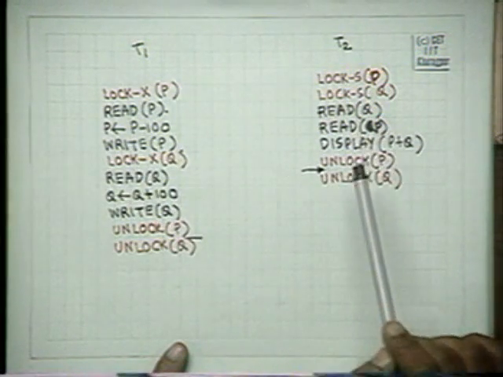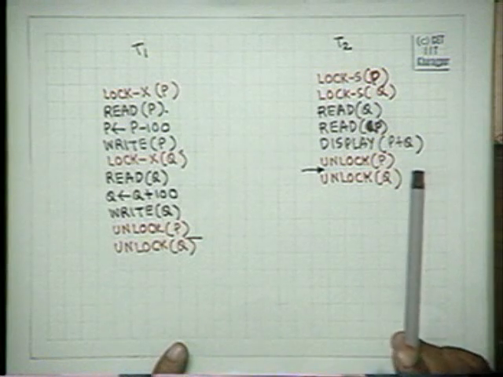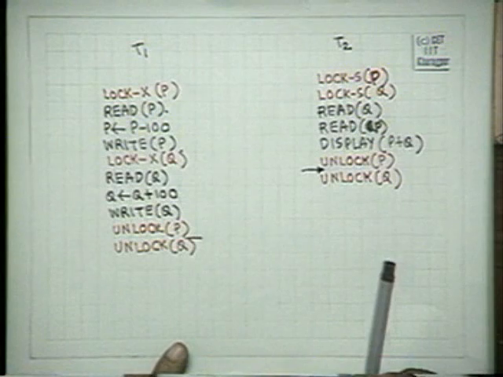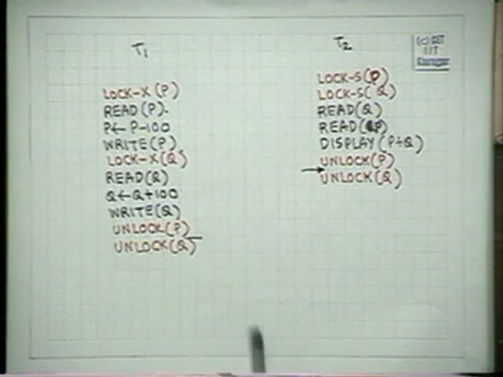And a person writing a transaction may not know what are the other transactions which are written, who has locked in what order. So this order must be known.